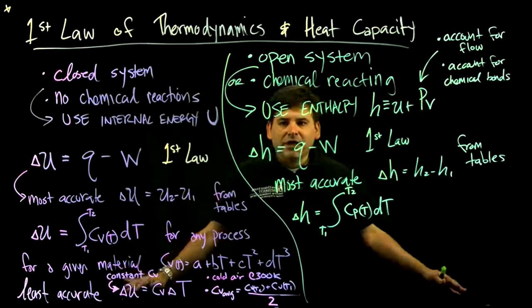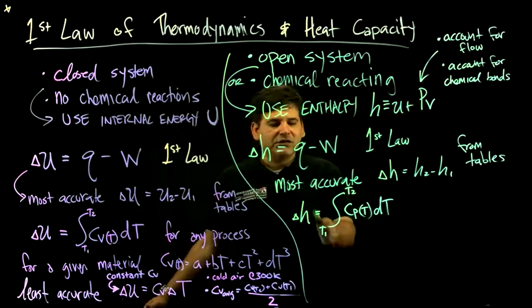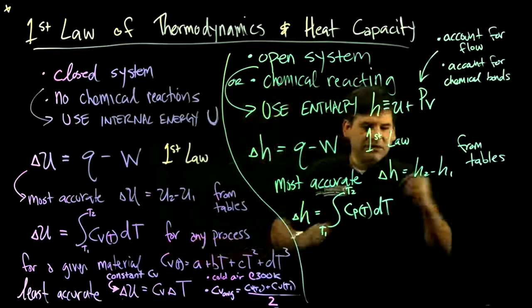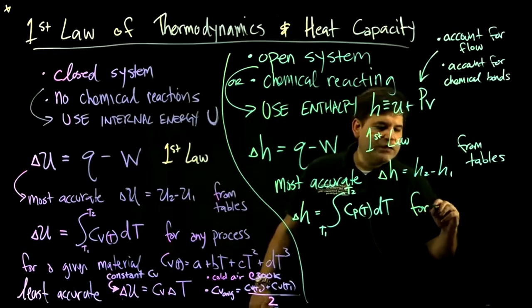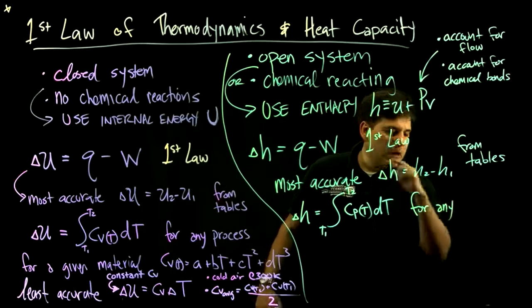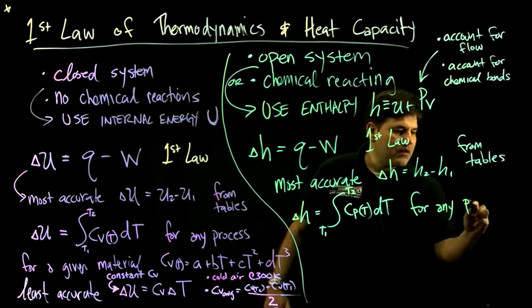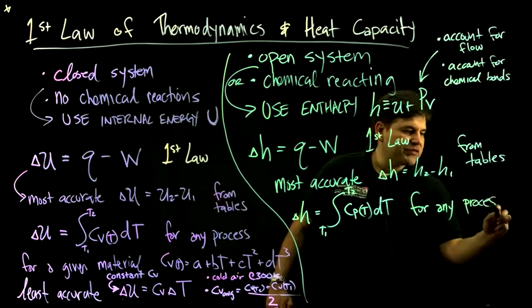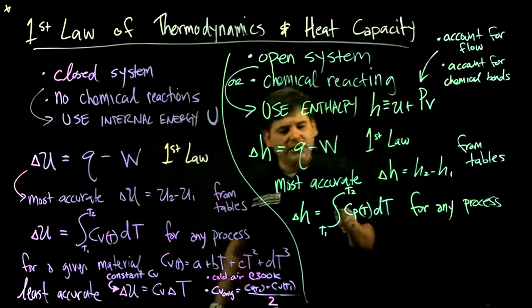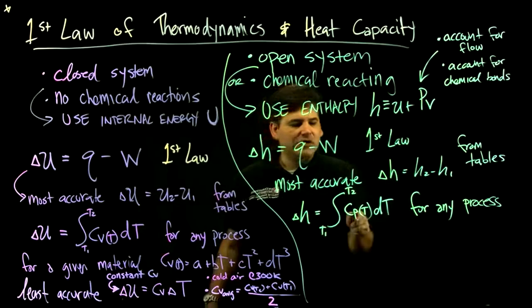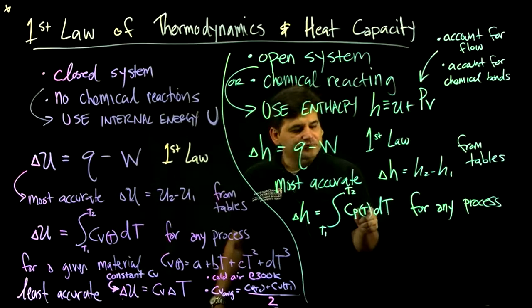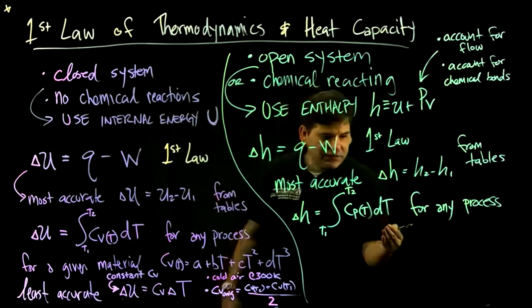Doesn't have to do anything with heat. It always has to do something for any process with either enthalpy for Cp or internal energy for Cv. So for any process, you can say delta H is the integral of Cp dT, even if the pressure changes.